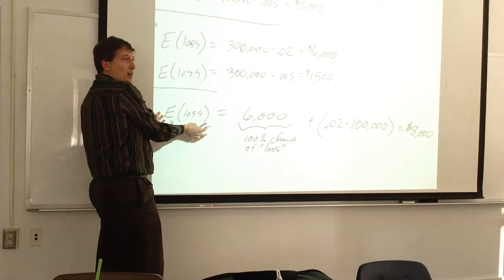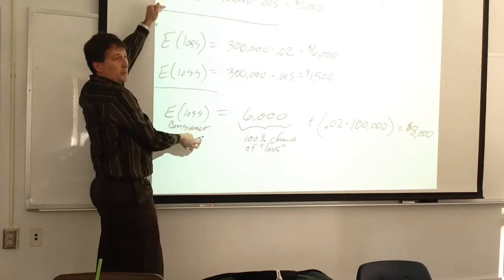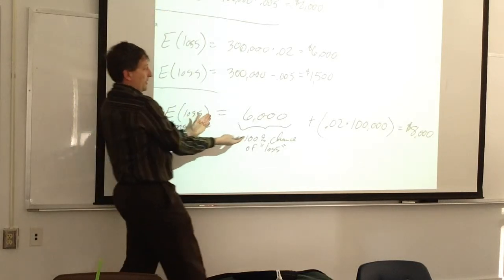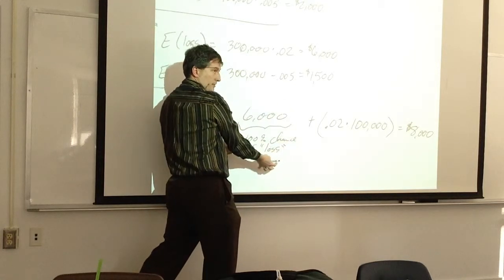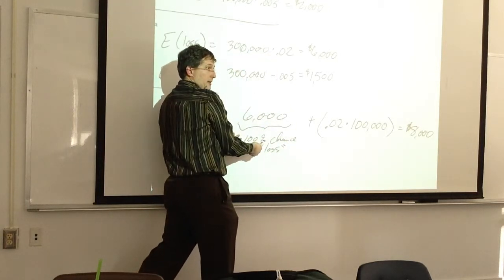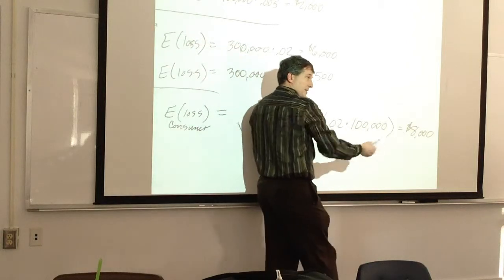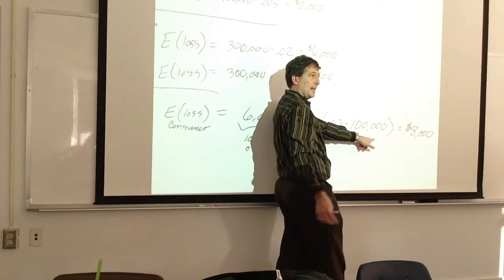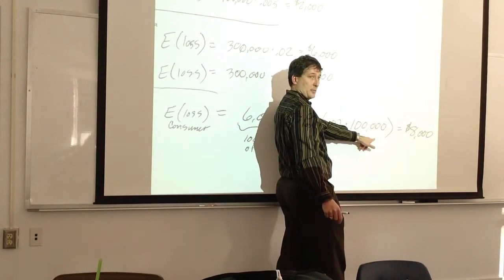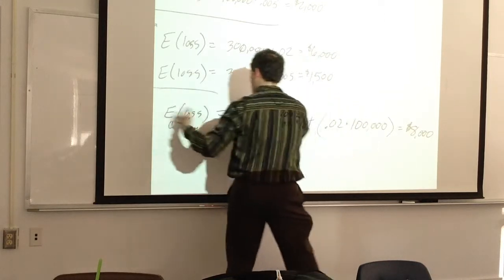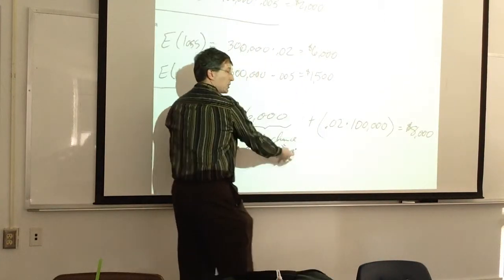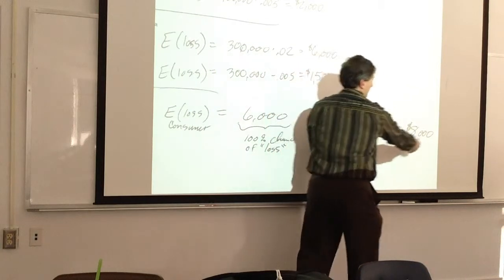And their expected loss is the same as under full insurance. They've got a $6,000 cost of the premium they're paying to the company. And now they're rolling the dice on whether or not they're going to get hit with another $100,000 expense, giving them a total expected loss with a for sure component and an uncertain component of 8,000.